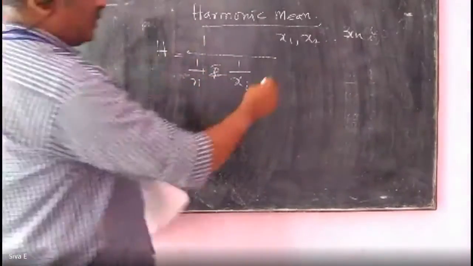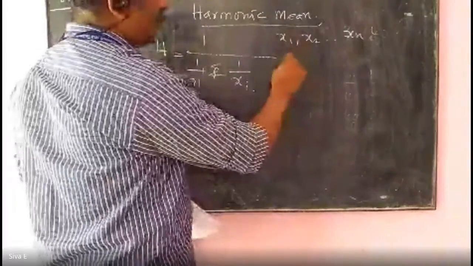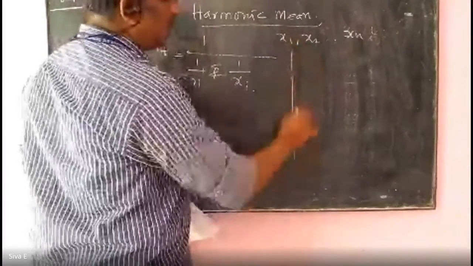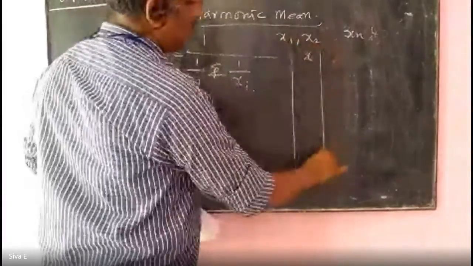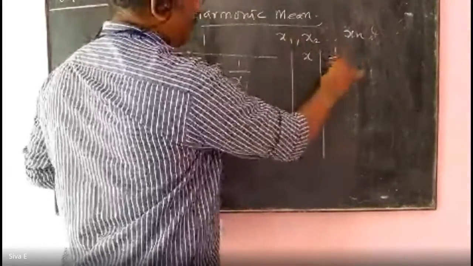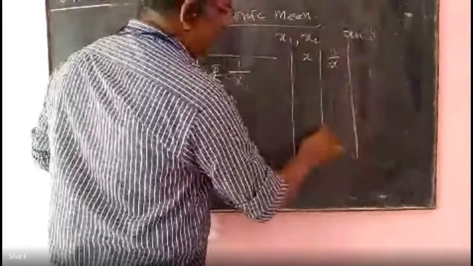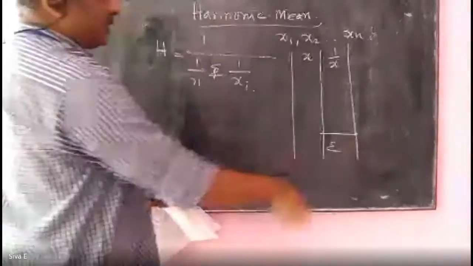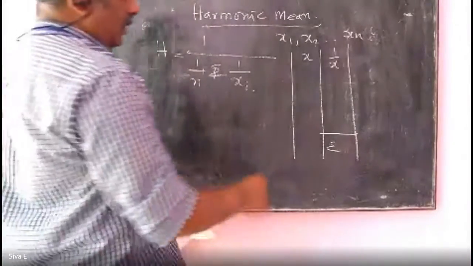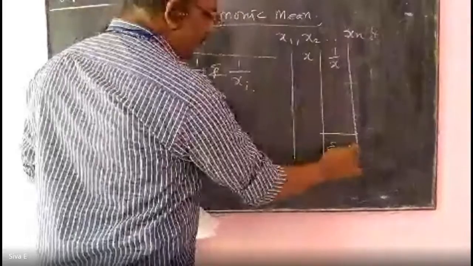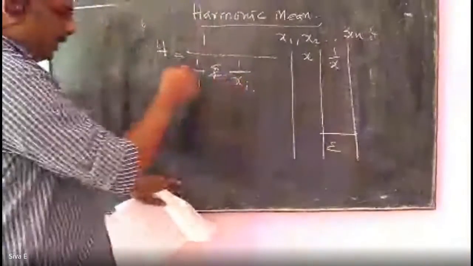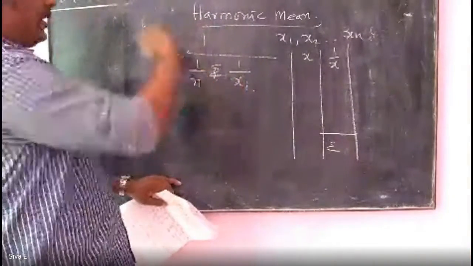To calculate the harmonic mean, first you write x, then calculate 1 by x, then take the summation of 1 by xi, divide by n, and then take the reciprocal.